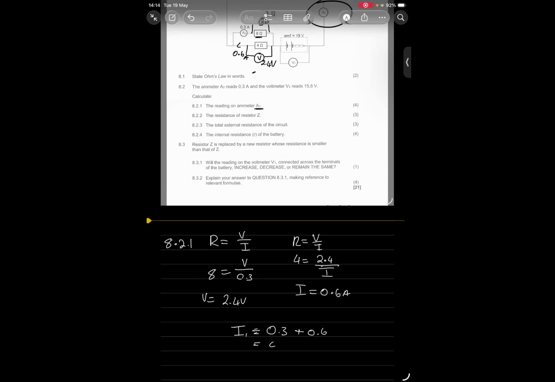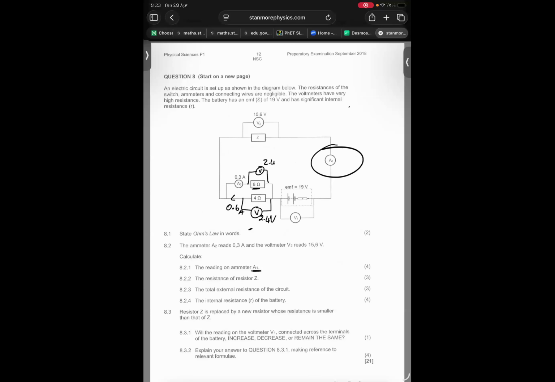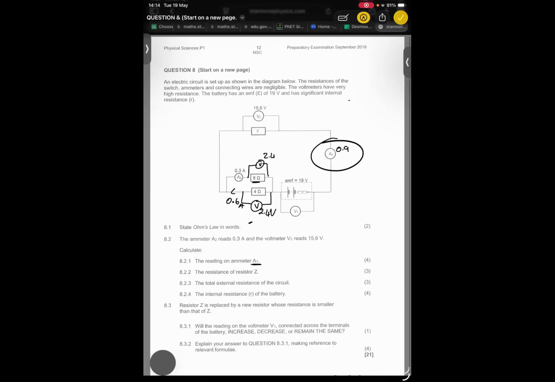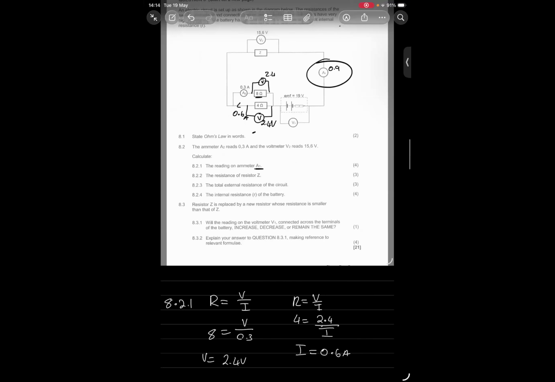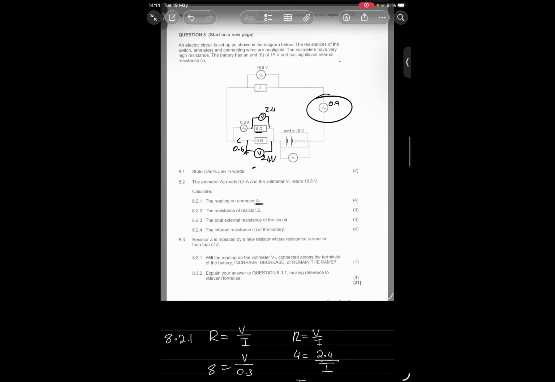That's the ammeter reading on A1. Right? Now they want you to calculate the resistance across Z. What's the resistance on Z?